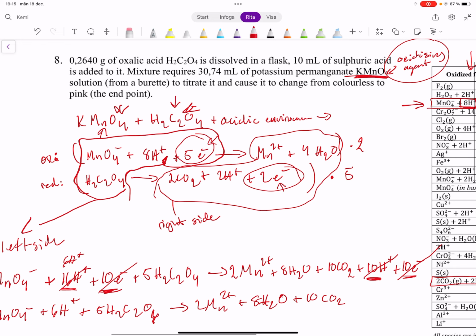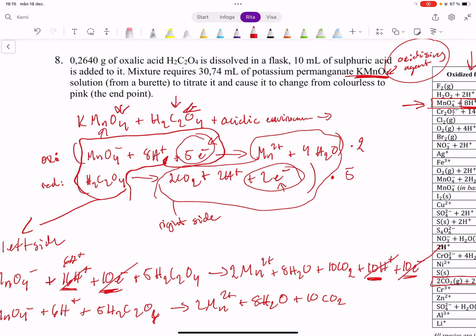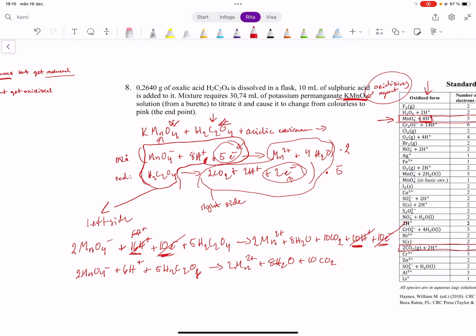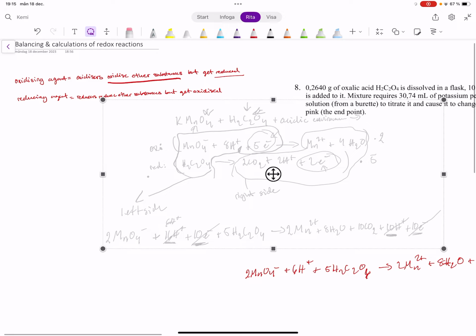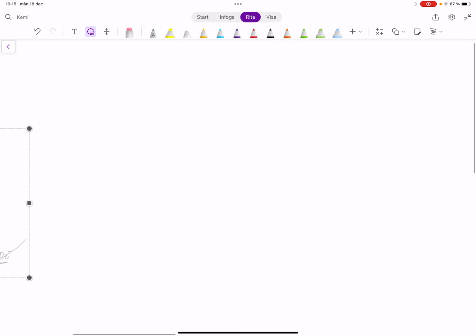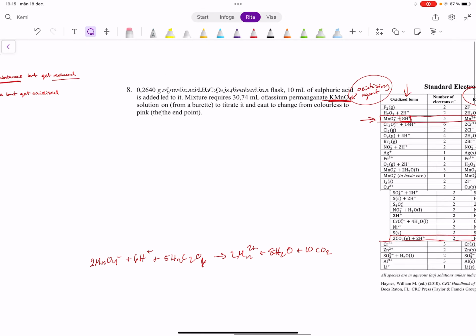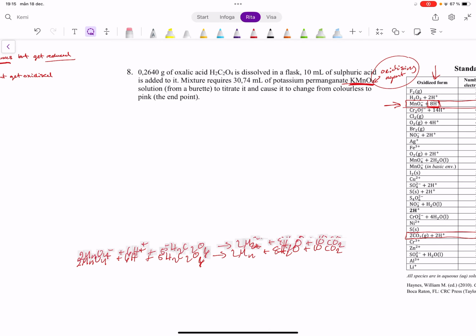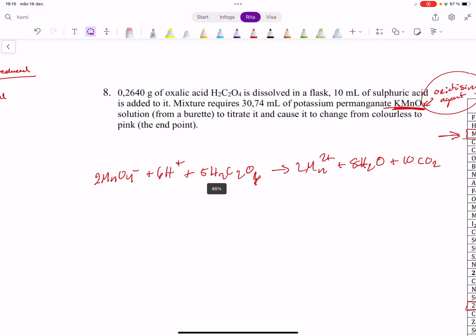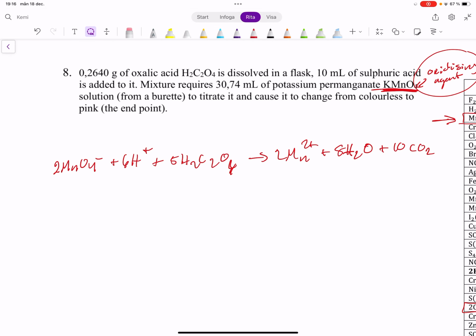Now, to the next part. So now that we have a balanced reaction, we can start our calculations, because we have a ratio between this one and this one.